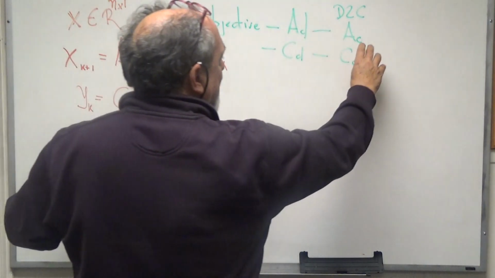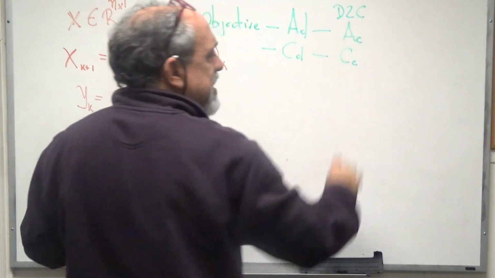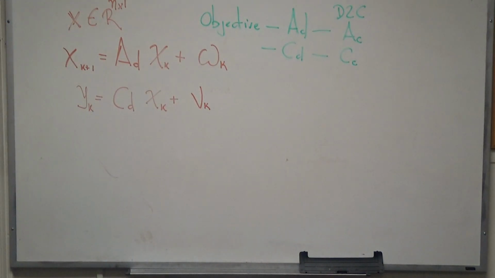Because to get the eigenvalues and the eigenvectors, all you need is A and C. We cannot, however, talk about the transfer function or the transfer matrix, because for that we would need B. In other words, we cannot talk about input-output relations because we don't have input locations. So our objective is to calculate AD and CD.